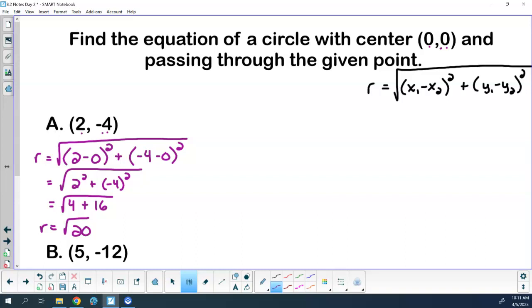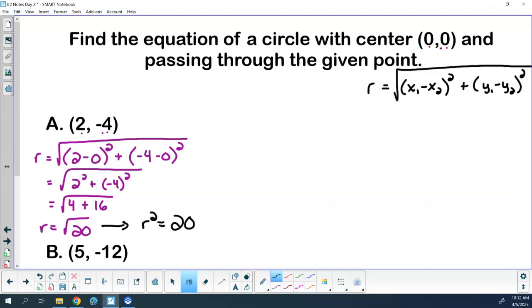Squaring a square root just gets rid of the square root. So r is the square root of 20, but r squared is 20. So we don't need to simplify it. If I were to ask you for the radius of this particular circle, given these 2 points, and I don't think that I will, then you would simplify to 2 square roots of 5.